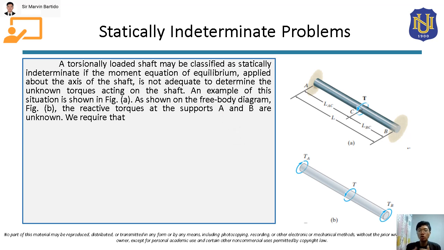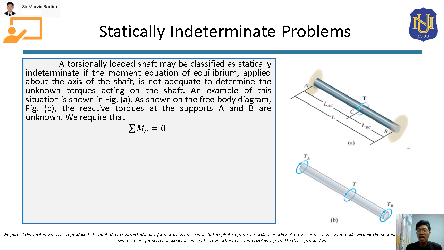If you are going to apply the equilibrium equation here, class, to generate an equation, there will be just one equation, and that will be the moment equation. Summing up moments about the axis of this shaft will be equal to 0 since we are in equilibrium.